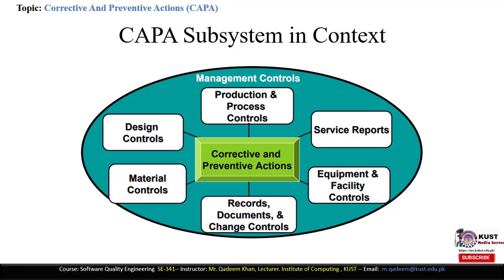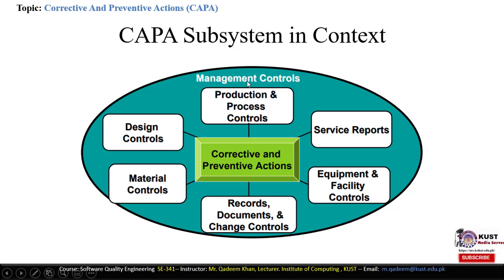Similarly, the production and process controls. Here we will control the overall production of the software development organizations for the projects, and also we will control the process used for developing the projects. For example, waterfall models, prototyping models, spiral models, these are all the processes here. So CAPA makes sure that all these processes as well as the production should be controlled by the management controls.